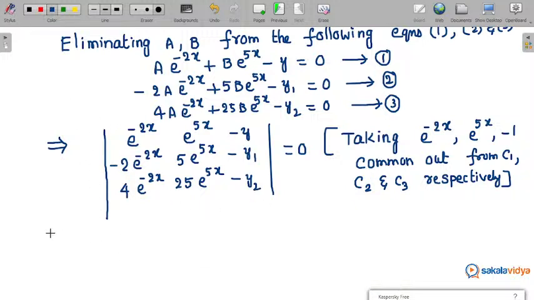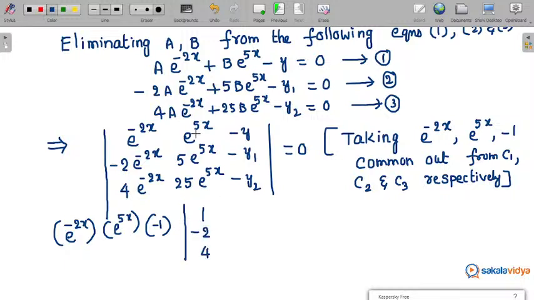So then we get like this: e power minus 2x has been taken common out, multiplied with e power 5x and a negative 1, equal to determinant of, in the place of e power minus 2x you get 1, here you get negative 2, here you get 4. As e power 5x is taken common out, here we have 1, 5, 25.